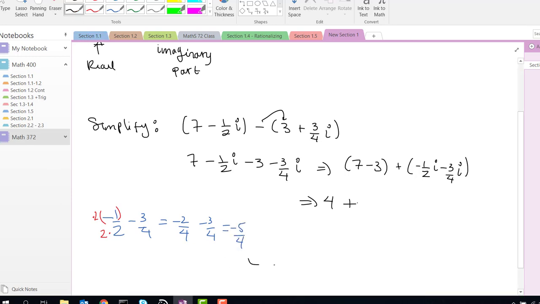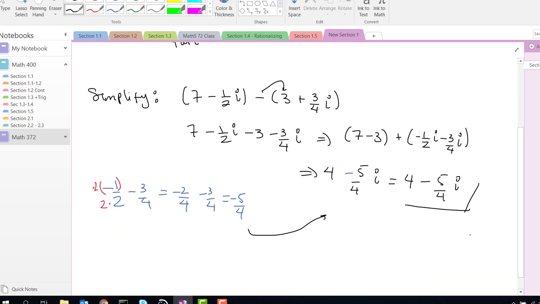So I go back to my problem, and I can get rid of that plus there, minus 5/4 i. And that will be our final answer. 4 minus 5/4 i. And that will be the subtraction.